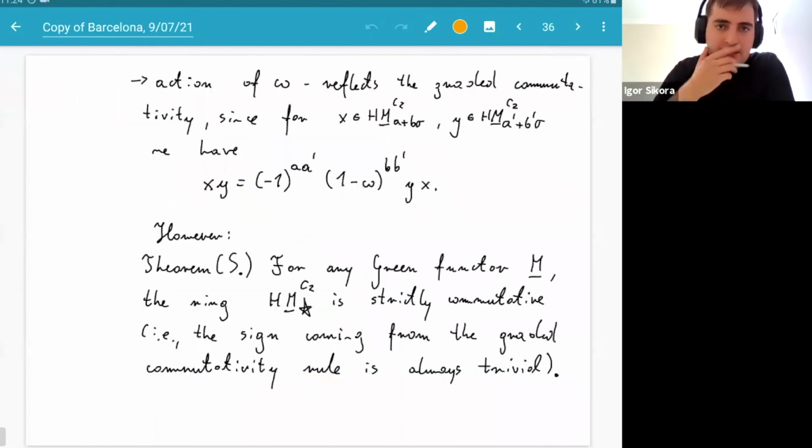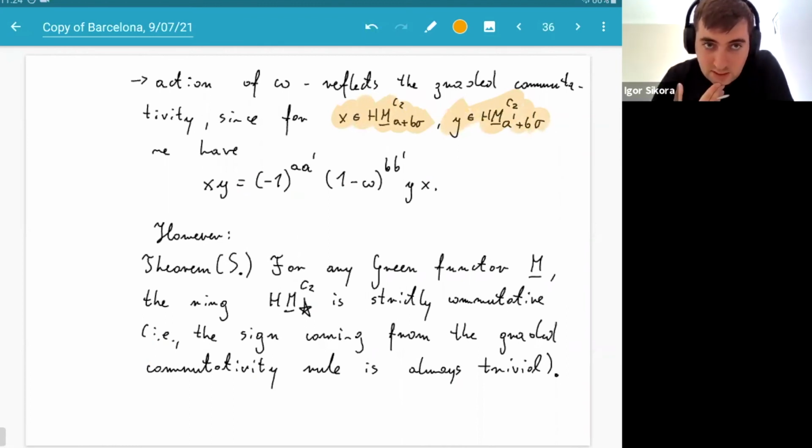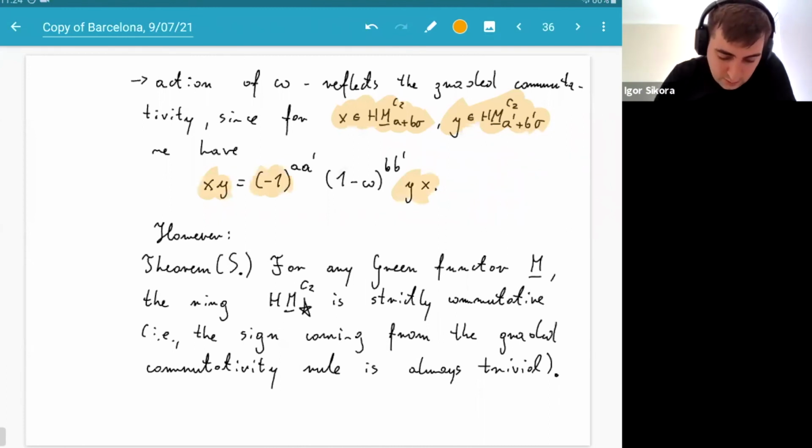And the third ingredient is the action of omega, the element of the Burnside ring. This is what reflects the graded commutativity in RO(C2)-graded rings, since if we have elements of the coefficients of these Eilenberg-MacLane spectra, and this is true at least for all coefficients of general C2 spectra, then xy is equal to yx up to sign, where the sign is given by -1 to the power b times b prime and 1 minus omega.